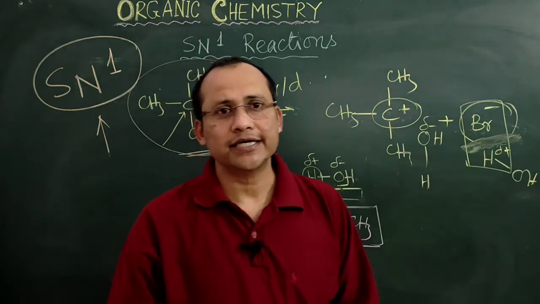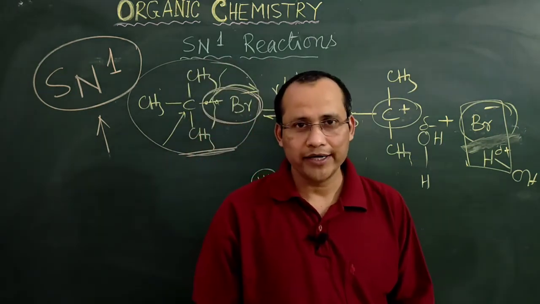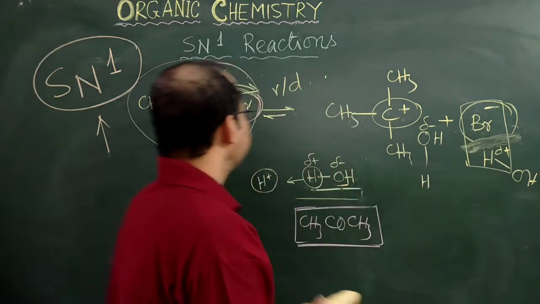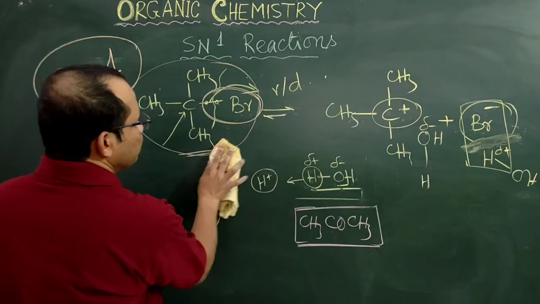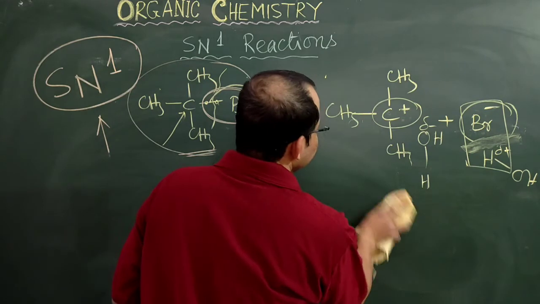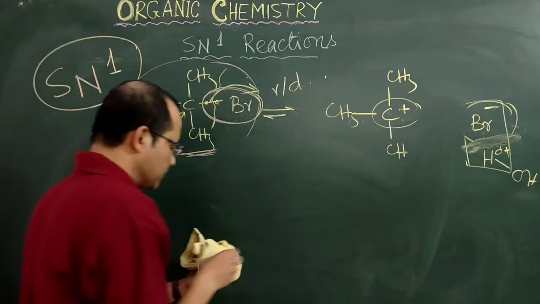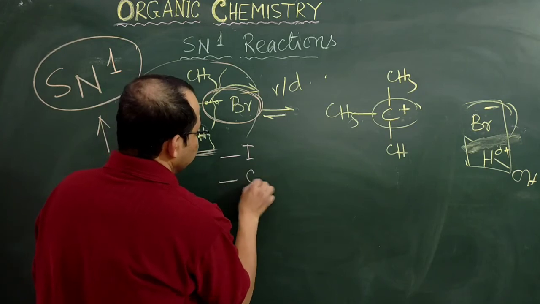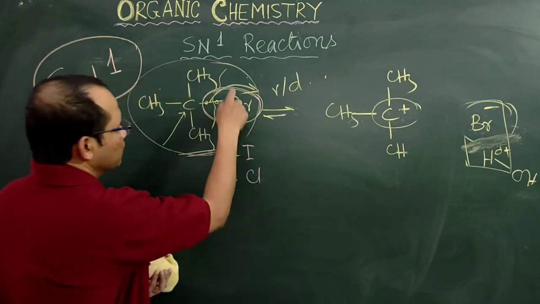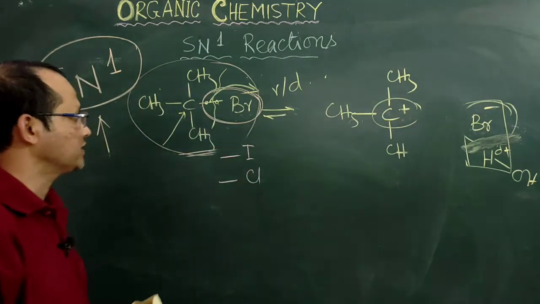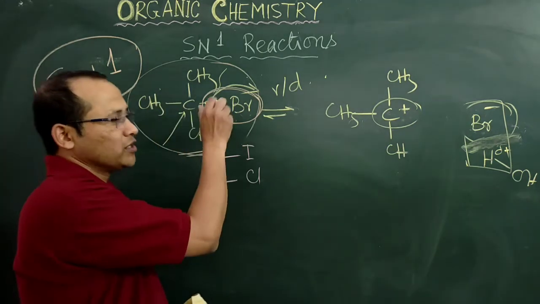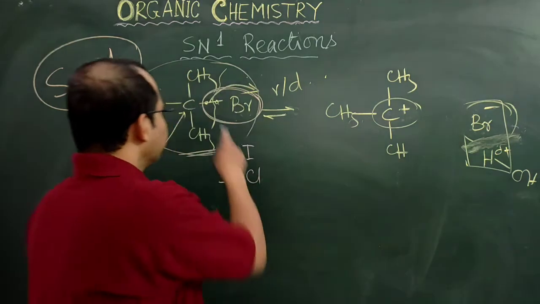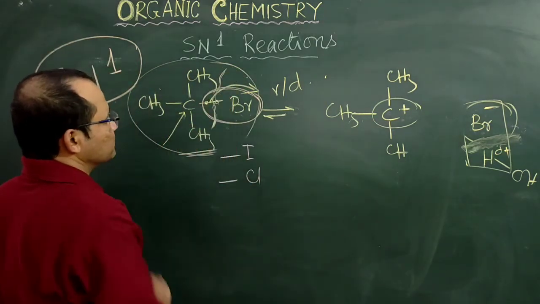Now in these reactions, another very important point is to be considered, and the point is, if we take in place of bromine any other substance like iodine, like chlorine and so on. Now what will happen in these cases? Now look, the major step, the main step for this reaction is the cleavage of this bond.